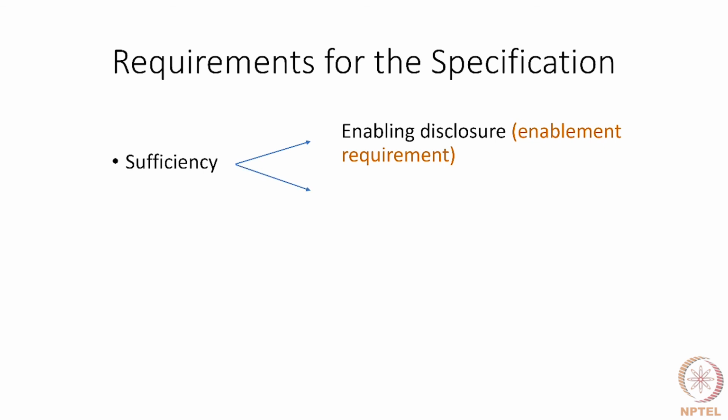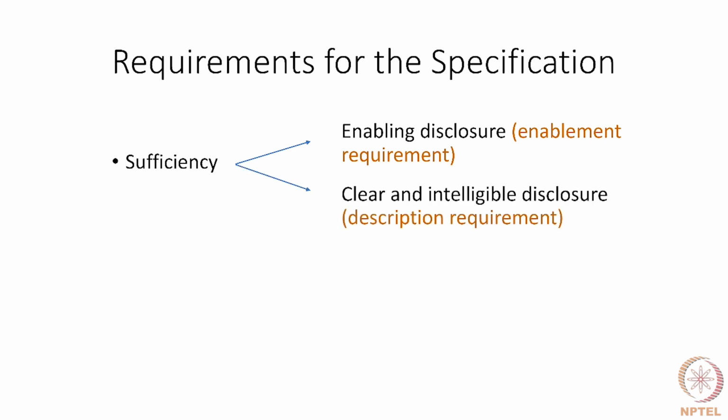The second part of the sufficiency requirement is that there has to be a clear and intelligible disclosure. The earlier part, enabling disclosure, would mean that whatever you have said enables a person to perform the invention. It's more like teaching. The second part is that whatever you have described about the invention is clear and intelligible.